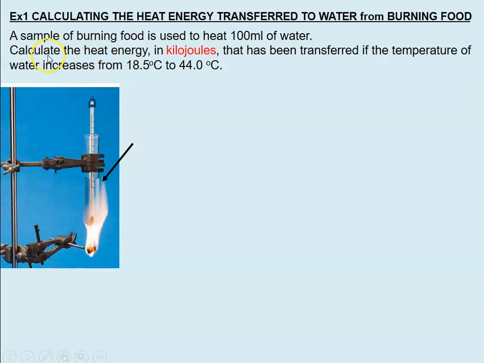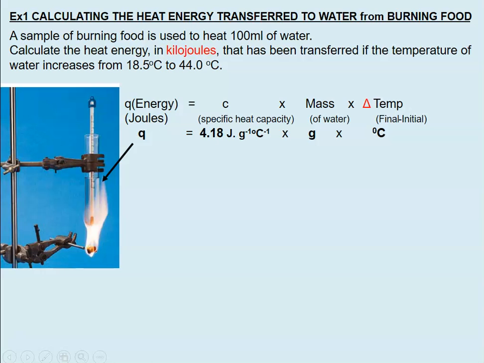So first question, a sample of burning food is used to heat 100 mils of water. Calculate the heat energy in kilojoules that has been transferred if the temperature of the water increases from 18.5 to 44. So we're just measuring the amount of energy that's been put in there if the temperature goes up by that amount.